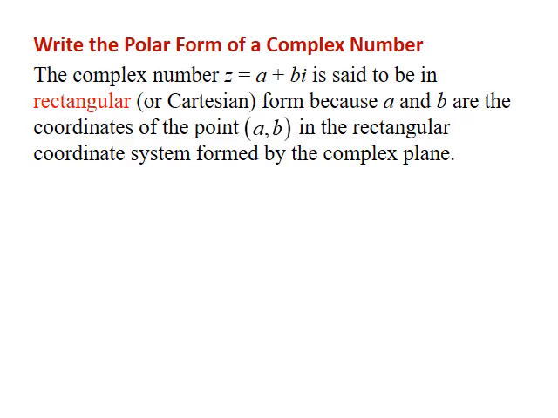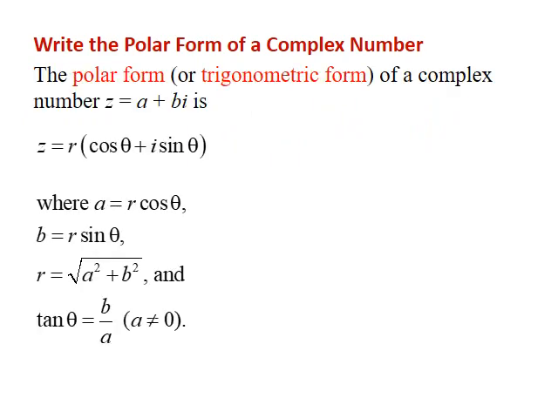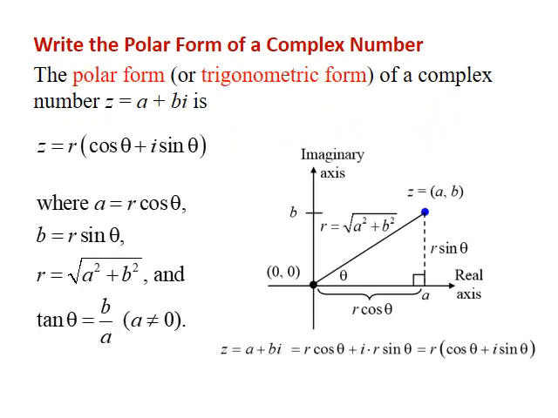Okay, so here again we have this complex number, and it's said to be in rectangular form because of these ordered pairs. So we're just going to analyze this a little bit. The information on this slide is stuff that we have seen before. It's really nothing new, so you can pause this if you want.